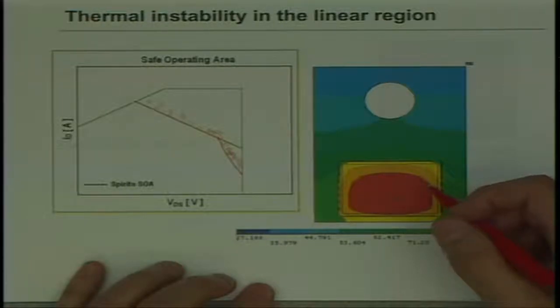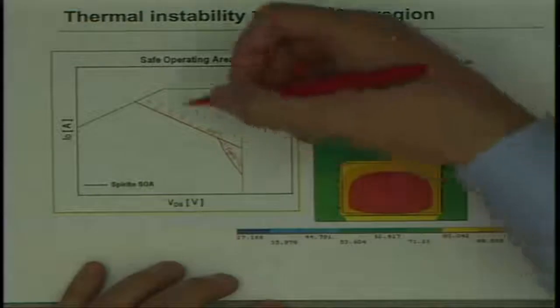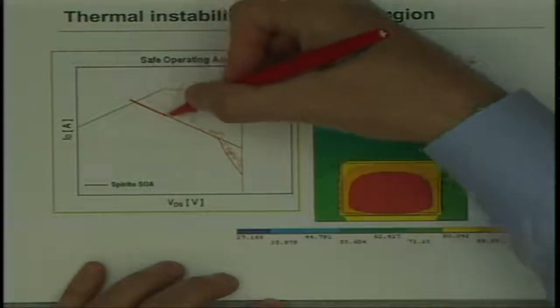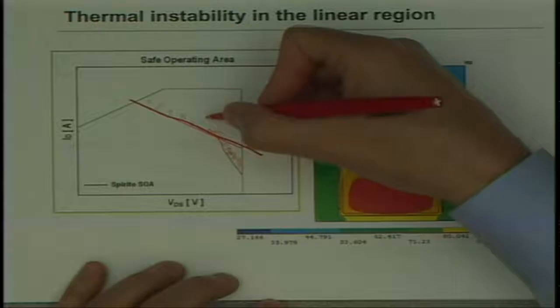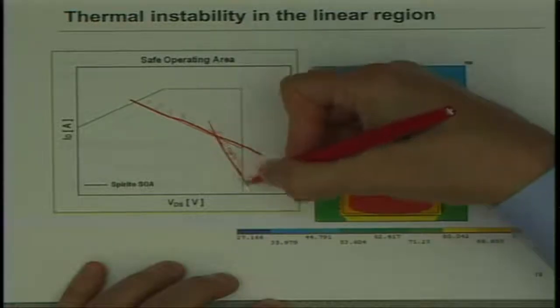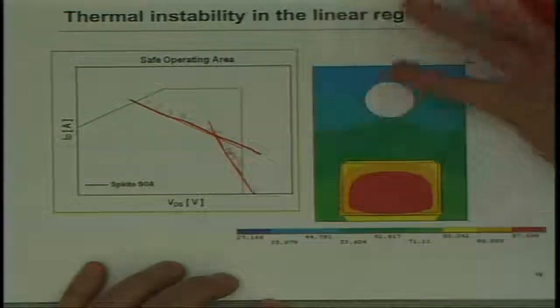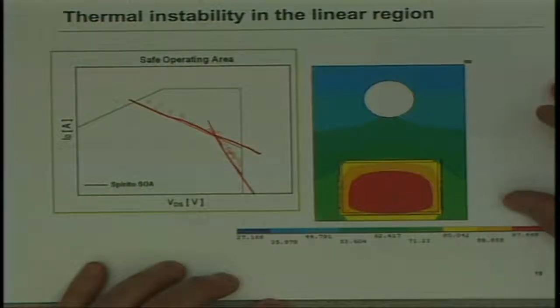What you'll notice is that these theoretical SOA give you a nice straight line, and that's true if you do have good sharing. But there are conditions and scenarios where you'll see these cut off. Essentially, it's like a reduced SOA because of something called thermal instability.